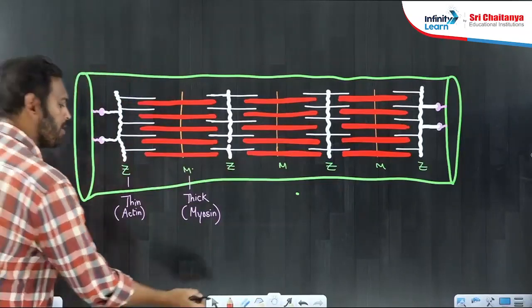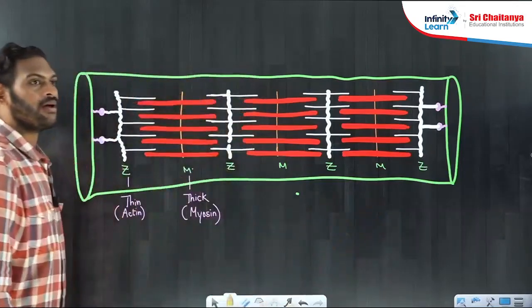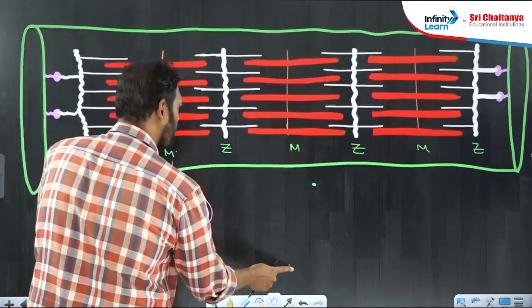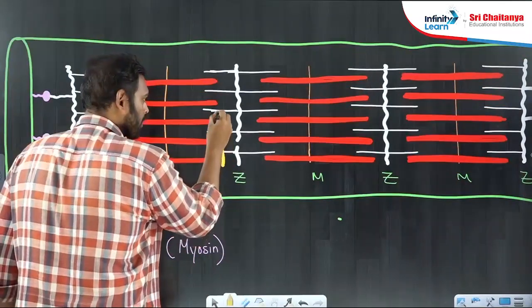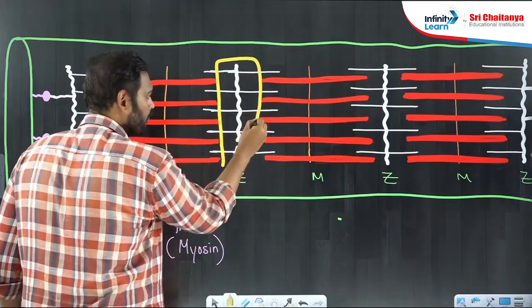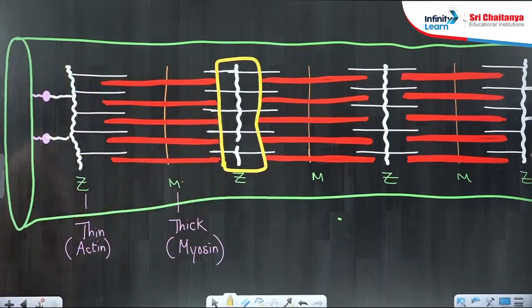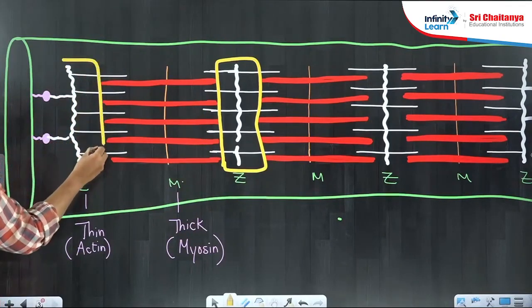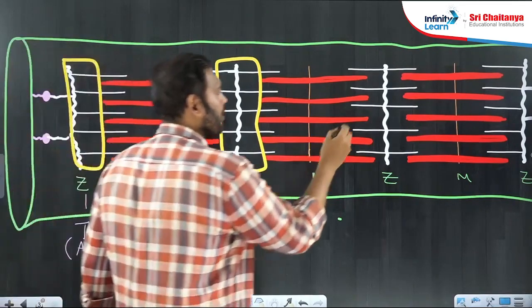Done. Now, again, coming to in-depth. Guys, focus here. This part of muscle cell, and this here.